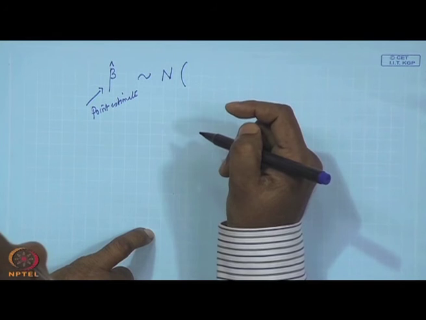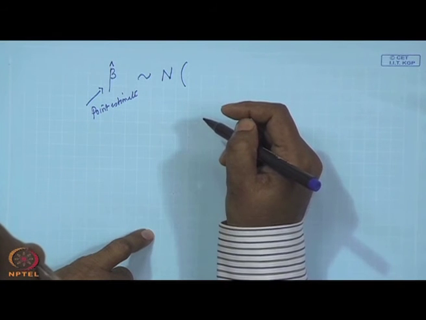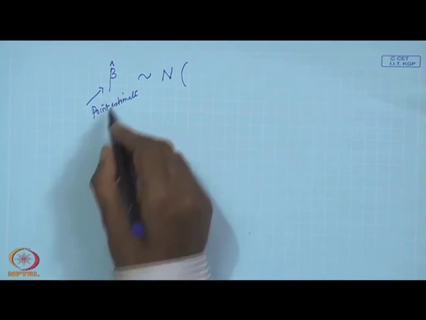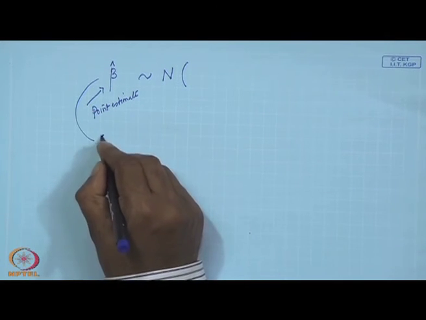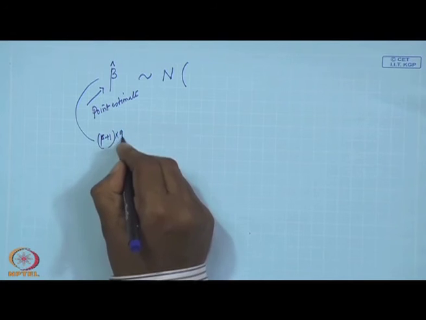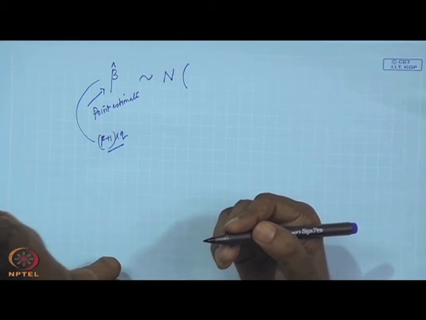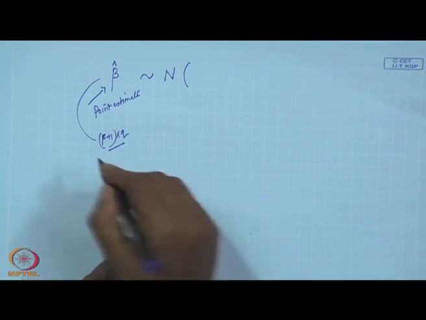What normal, multiple or multivariate? Beta cap is N cross p plus 1 cross q, the multivariate case.